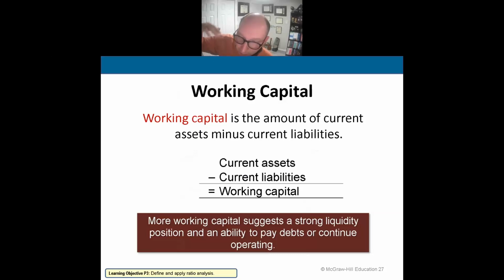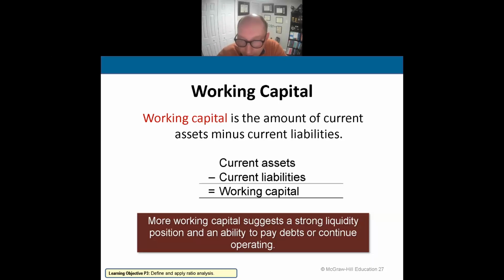I can use these operations by reinvesting into the business. That's what we call working capital. If I need to go purchase more inventory or purchase new machinery or whatever, I use working capital to do that. The formula for working capital is current assets minus current liabilities.